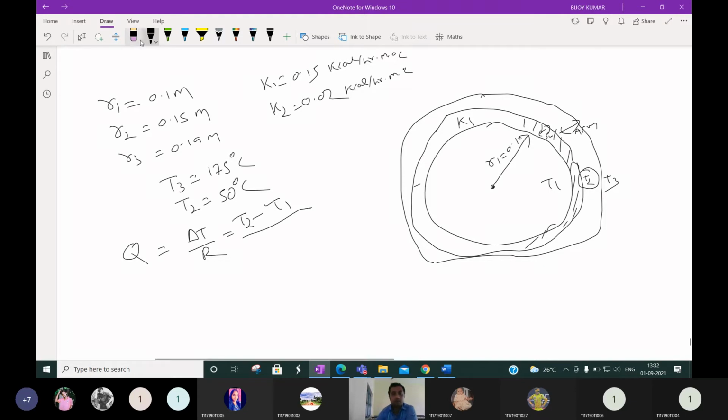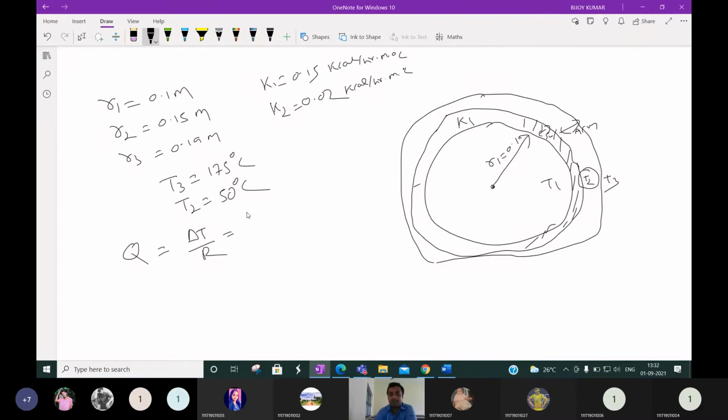Okay, let me explain to you. The easy formula is delta T by R. Then you have to see what the situation is. Here we have a composite cylinder, two cylinders connected.